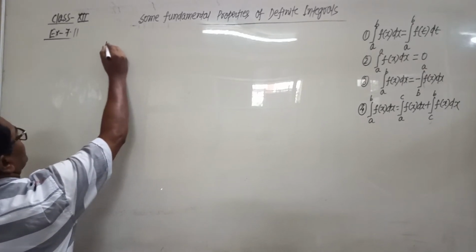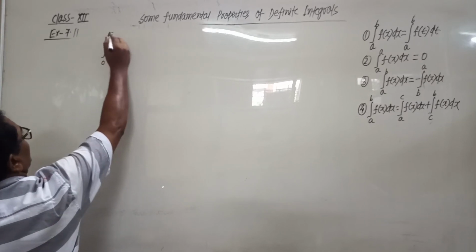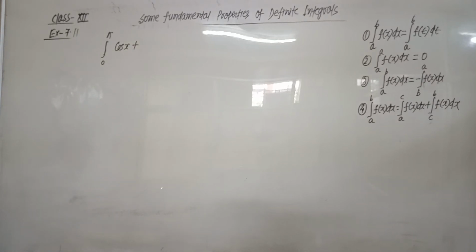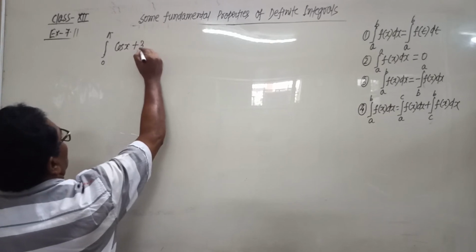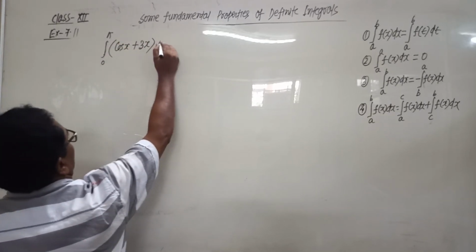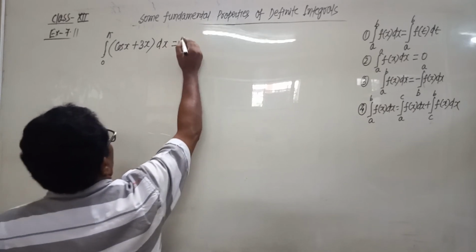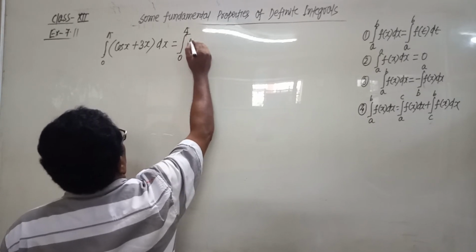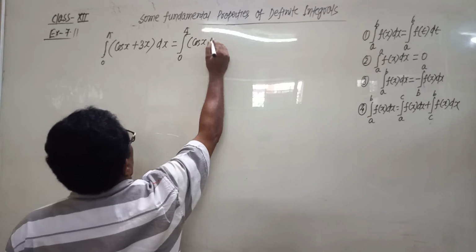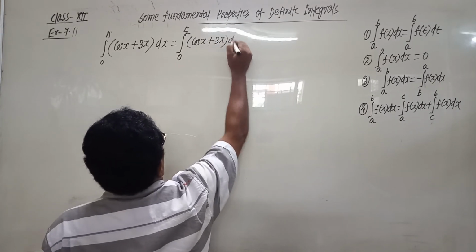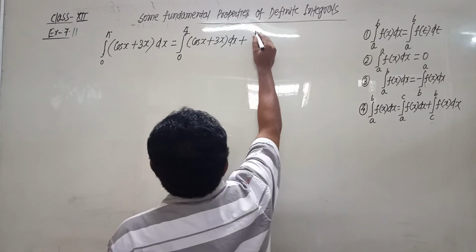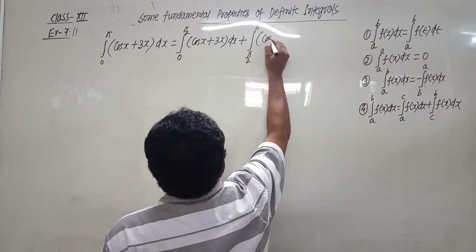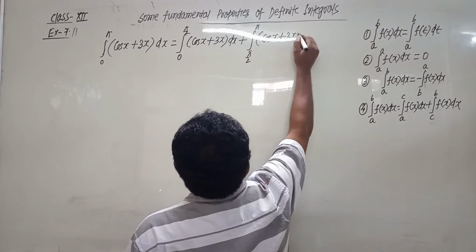Integration 0 to pi of cos x plus 3x dx can be written as integration 0 to pi by 2 of cos x plus 3x dx, plus integration of pi by 2 to pi of cos x plus 3x dx.